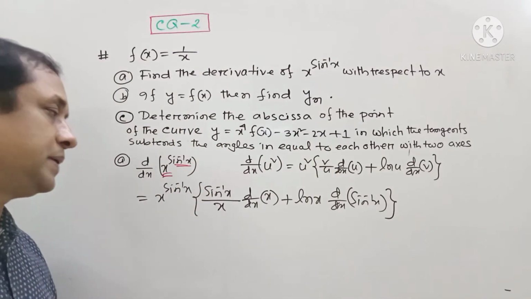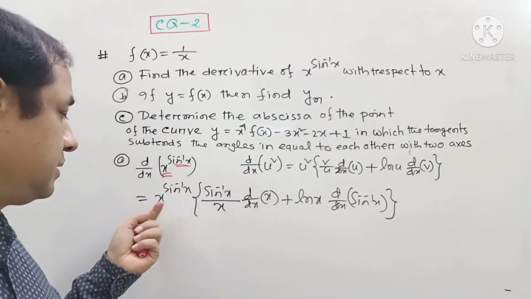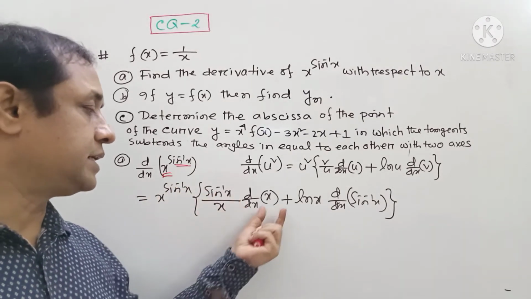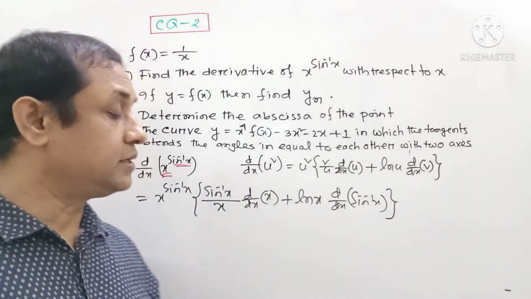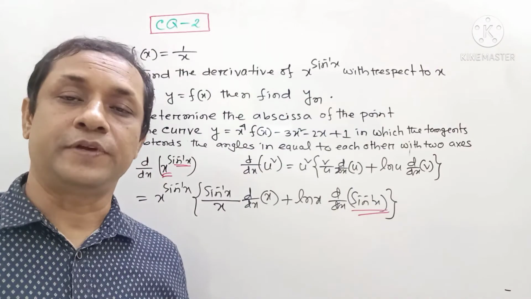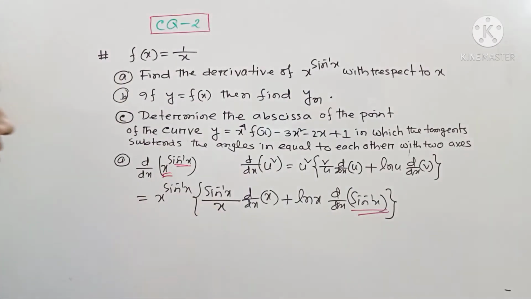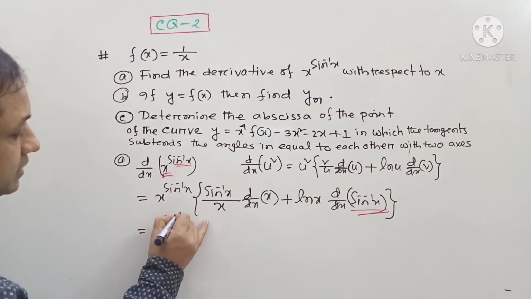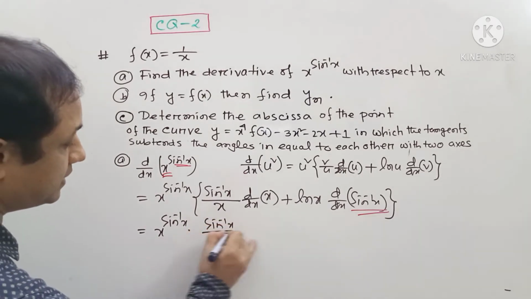So attention please student, using this formula, I say again, u to the power v, v by u d/dx of u plus ln u d/dx of sine inverse x. Here sine inverse x is v and u is x. So student, next line we can write x to the power sine inverse x, and sine inverse x by x.